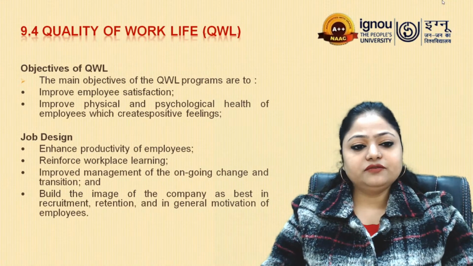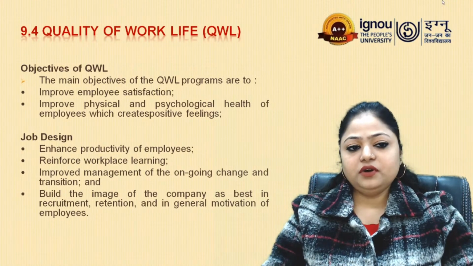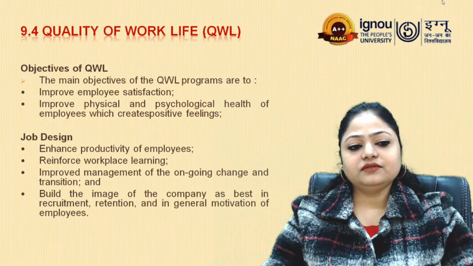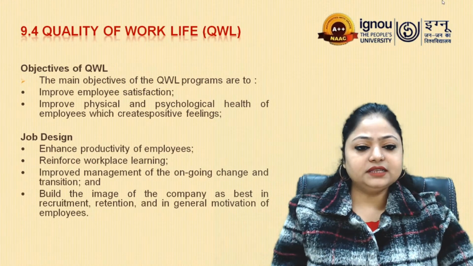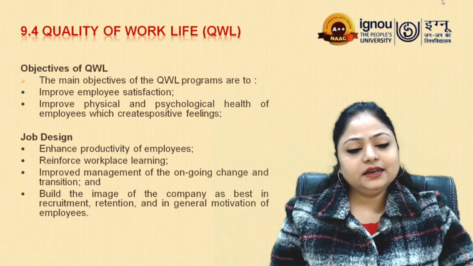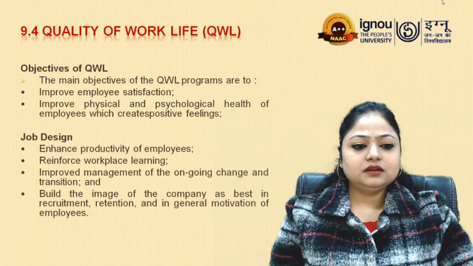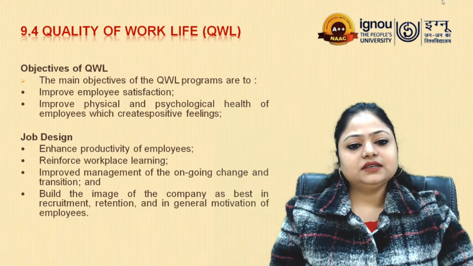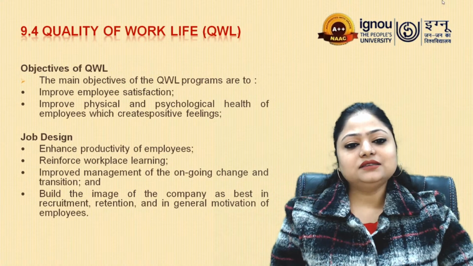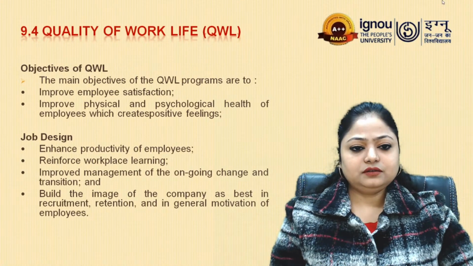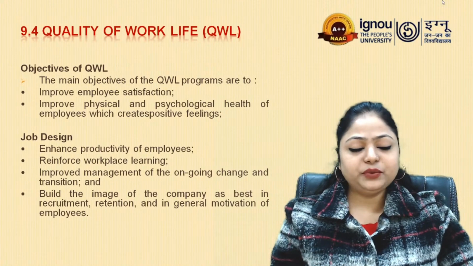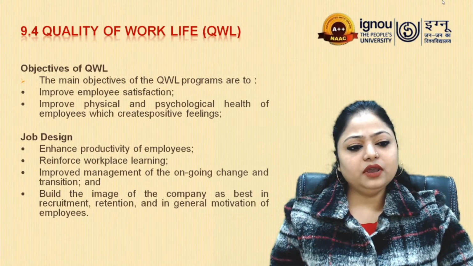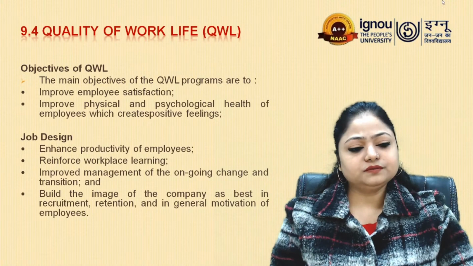Each and every aspect of employees is pondered upon when it comes to quality of work life. So it's a holistic approach to give the organizational climate a new sense where employees are treated as talent and capital, rather than just mere staff or employee or human resource.